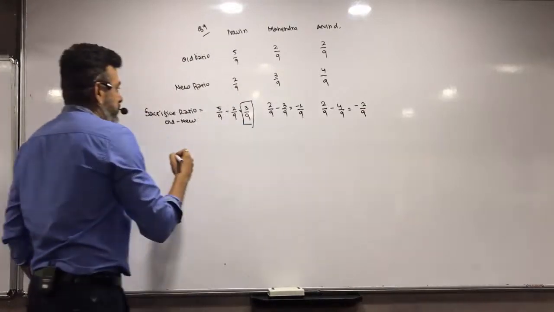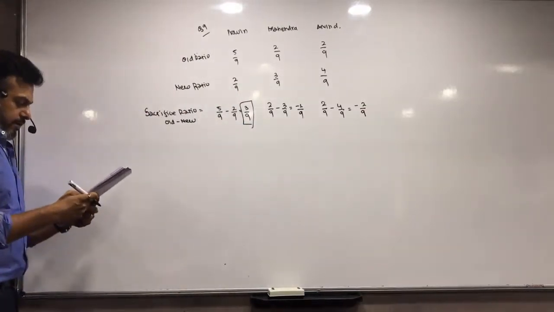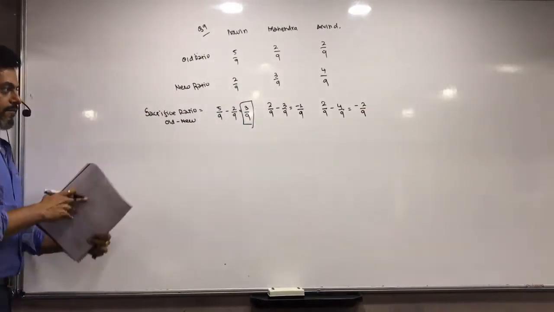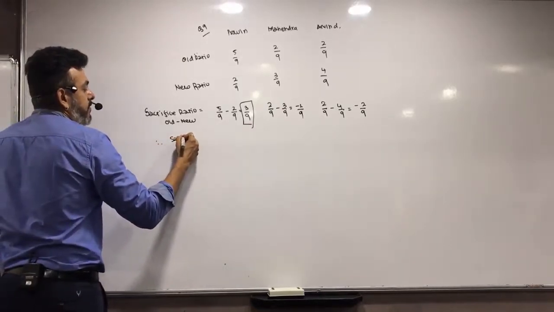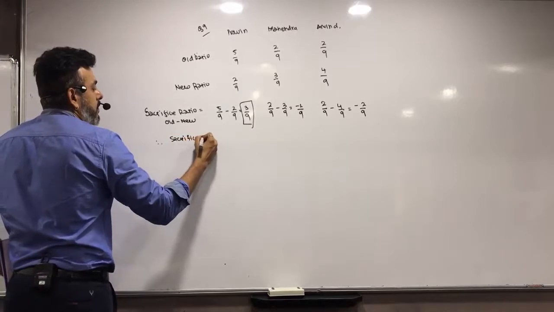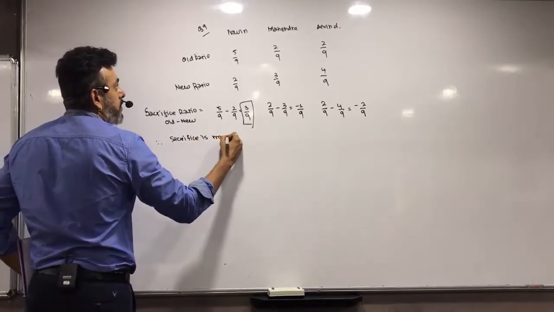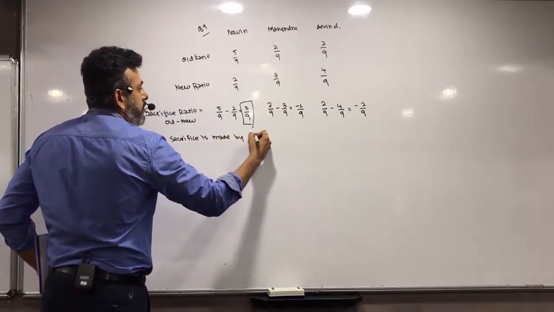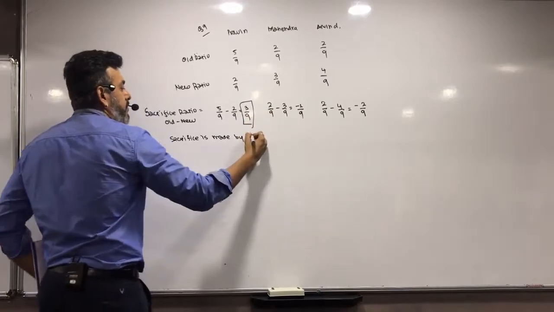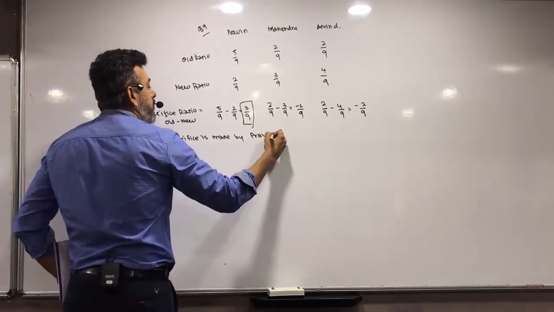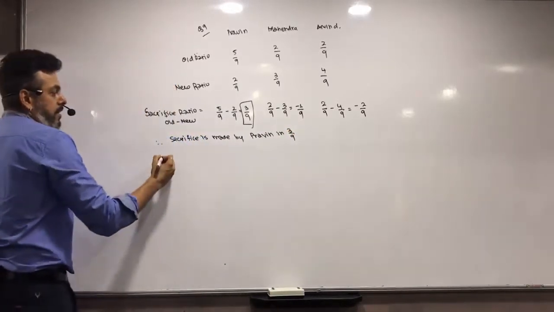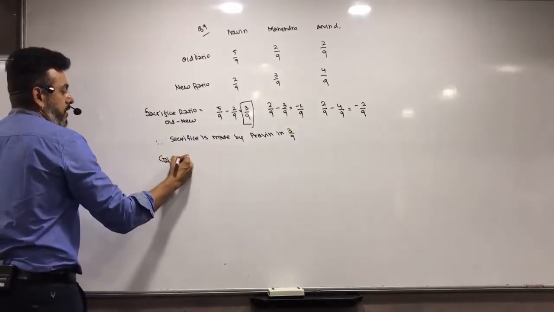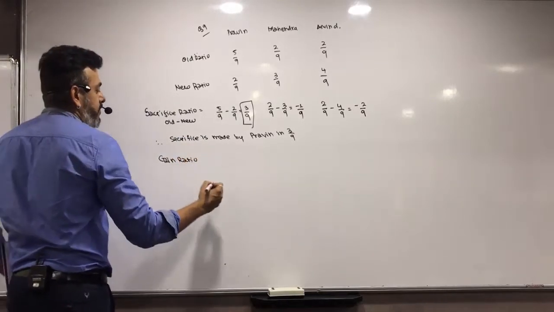So first question is what sacrifice has been made. So therefore, sacrifice is made by Praveen in 3/9.